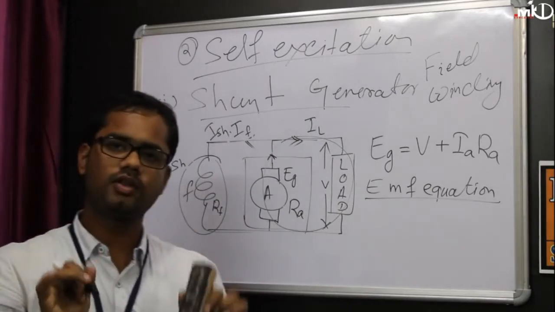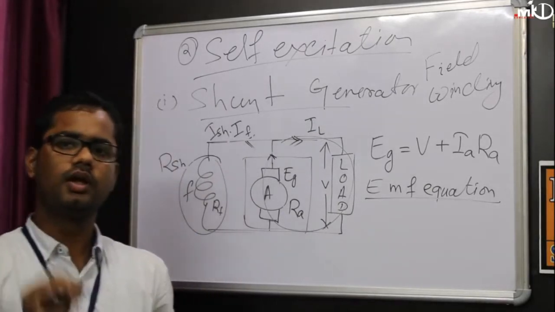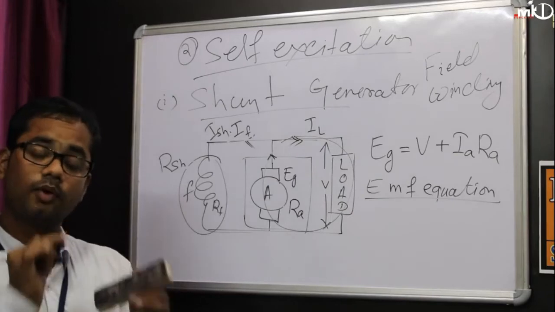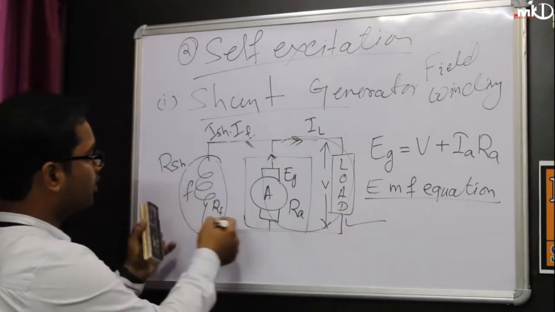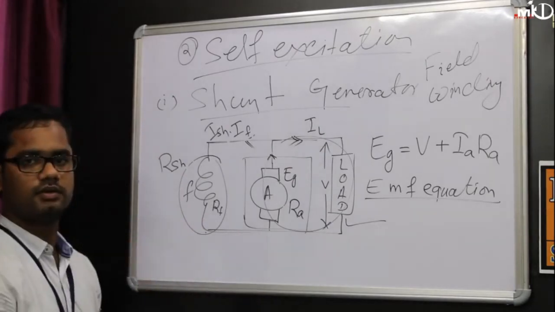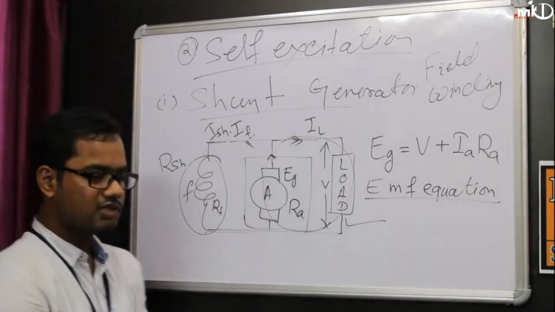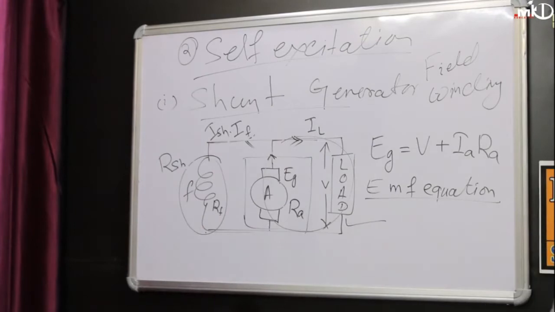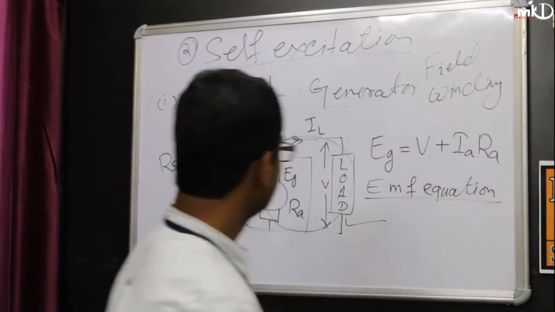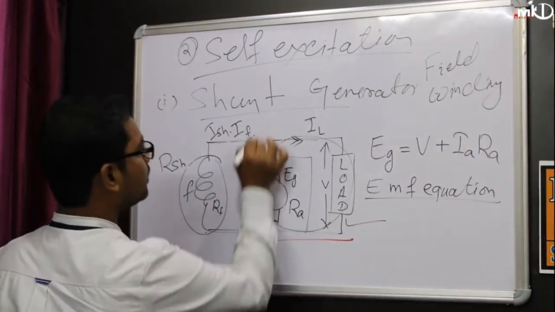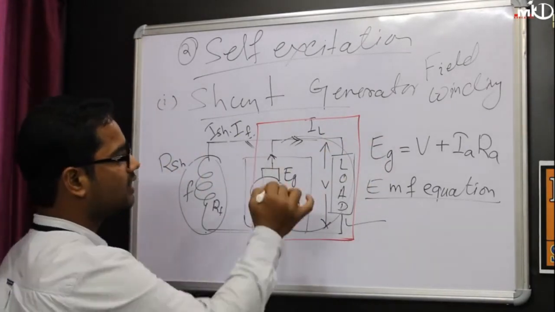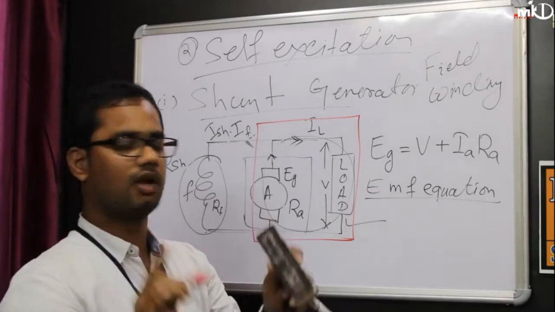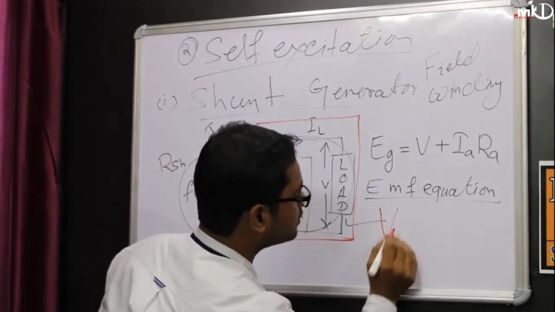Whenever you want to find out the EMF equation, always put your Kirchhoff's voltage law, and it should be on the load side only. No need to go to the field side. So you have to apply Kirchhoff's law only to the load side. Remember that this is the load side, where your load is present, and in that circuit you have to apply Kirchhoff's voltage law.